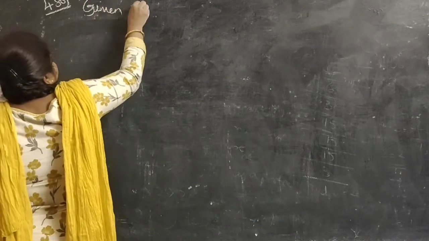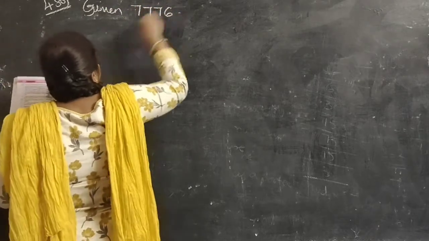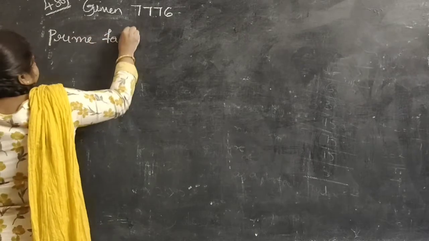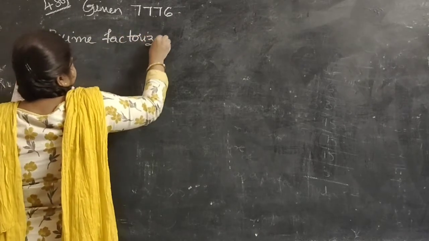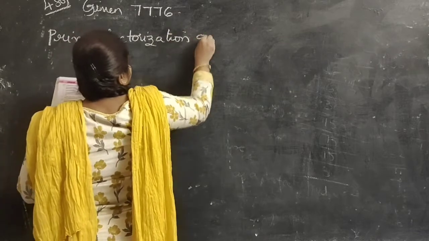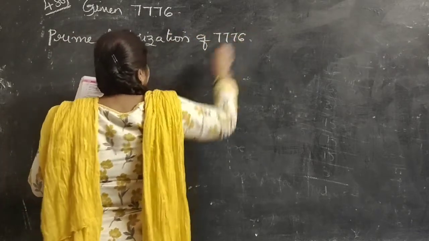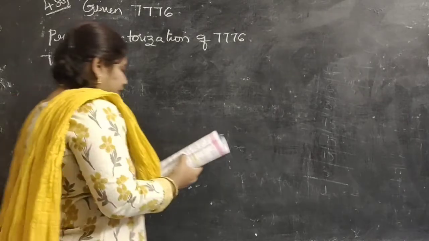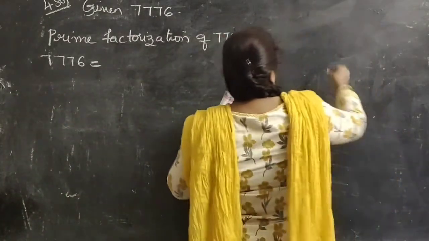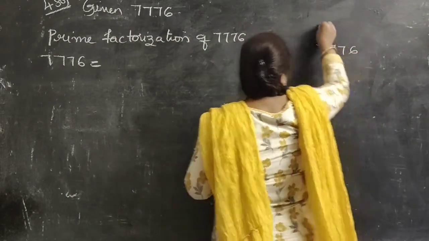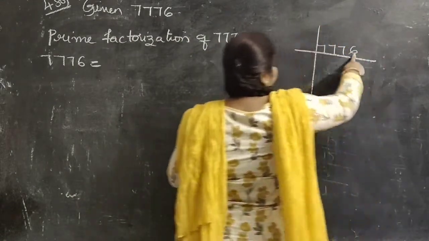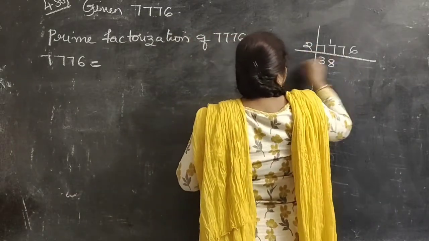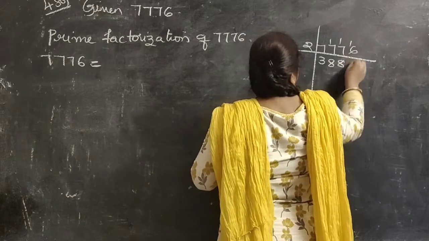So given 7,776, we have to find the prime factorization of that. So we will go in the 2 table because the last digit is an even number. 2 3s are 6, 2 8s are 16, 2 8s are 16, 2 8s are 16.